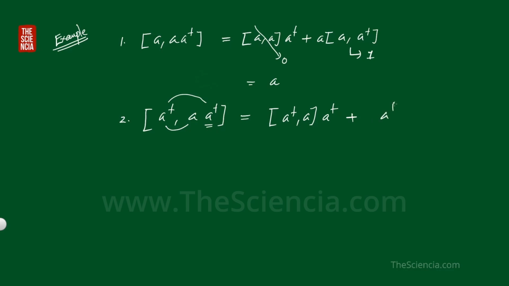That is A dagger and the remaining term is A, so that I take here. Why? Because in the first case the remaining term is on the right hand side of the commutator, right? And when we take the next combination, the remaining term should be on the left side of the commutator operator.